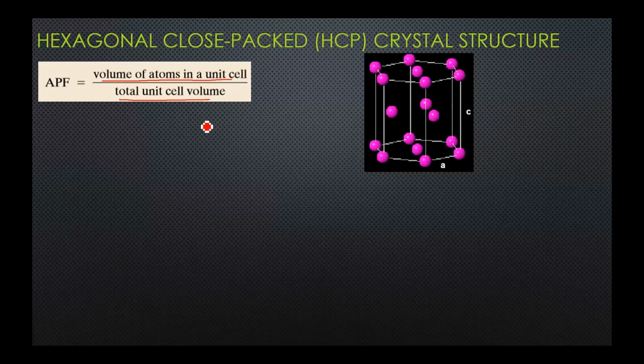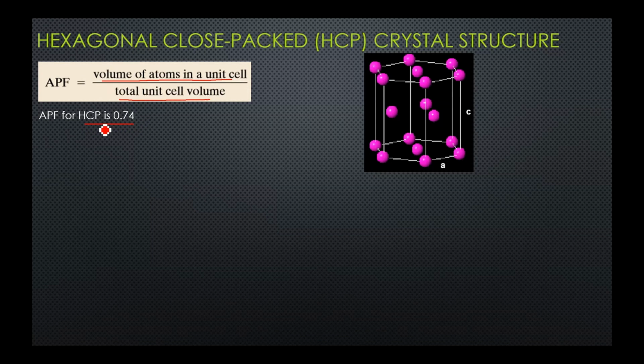It gives you an indication of how much occupied your unit cell is, or how closely packed the atoms are within this crystal structure. Before we look into how to calculate the atomic packing factor, I'll give you the value for HCP, which is 0.74.